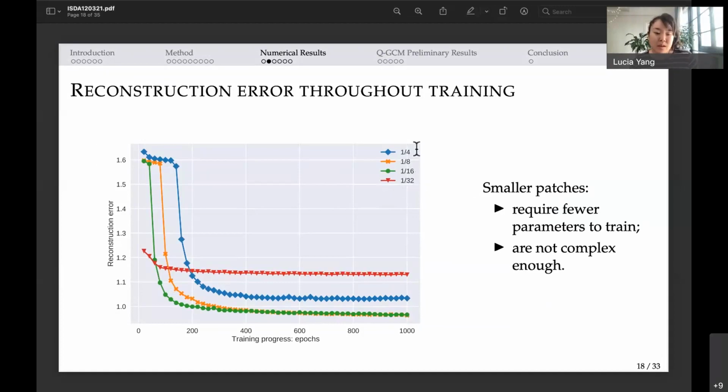If we ignore the red line, usually the larger patches still do better. Or I mean, no, the smaller patches do a really good job of learning the state space. But if it's too small, then you lose the complexity, and at some point that advantage goes away.